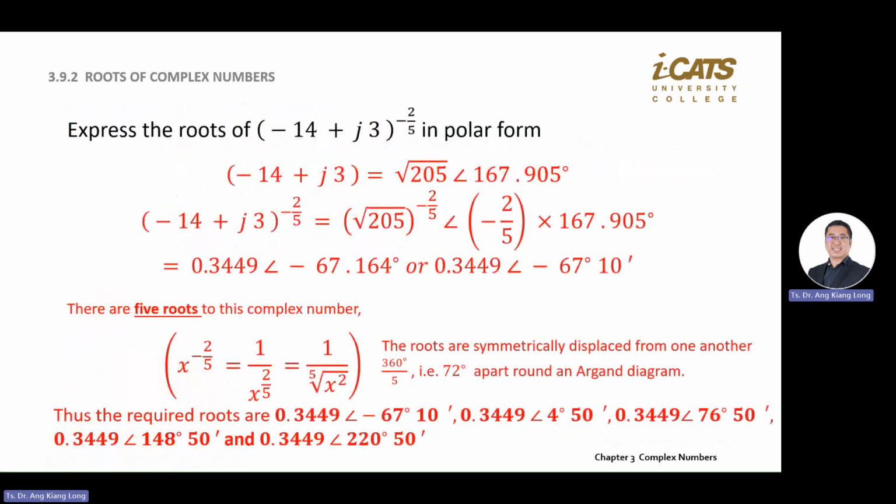Who doesn't know how to draw the Argand diagram for this one? Do I need to show you? You already have the modulus, which is 0.34. So the first one is 0.34, this length. But you have the x and y axes, so you need to find back what your x and y are. 14 and 3.